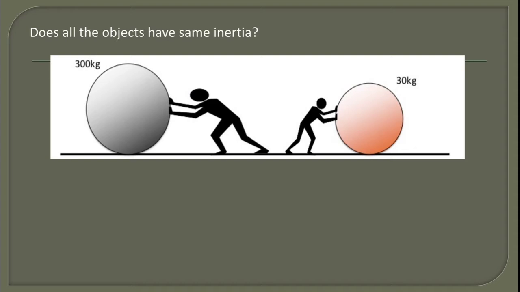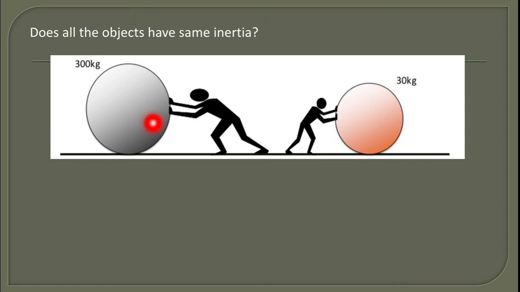So it is clear that the lighter object, that is of 30 kg, will move easily after applying a force. It means we can say that the object of mass 30 kg has a lesser tendency to maintain its initial state of rest, while the object of mass 300 kg will move hardly any distance after applying the same force.